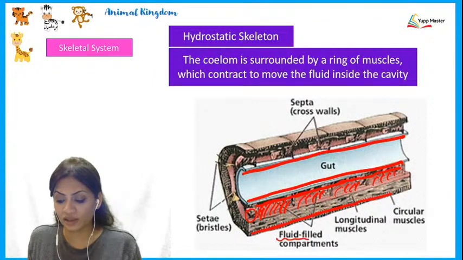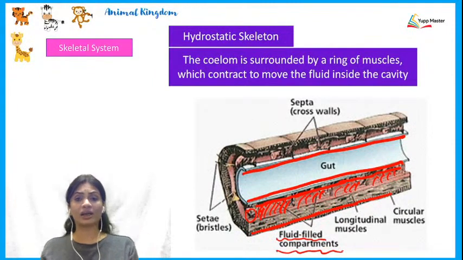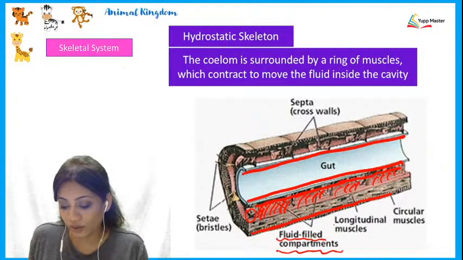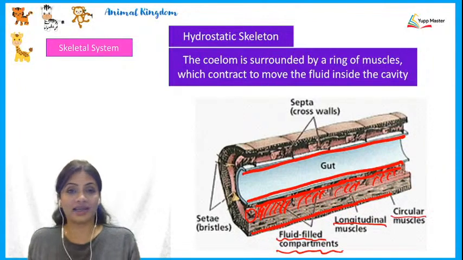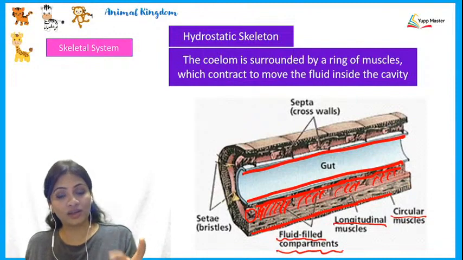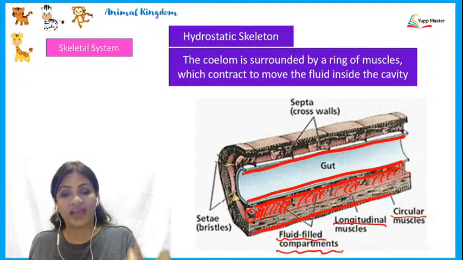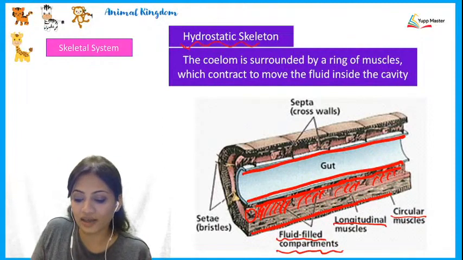That's why it's written here that there are fluid filled compartments, and these are surrounded by muscles. Can you see how there are longitudinal muscles and circular muscles as well? These longitudinal and circular muscles together around that fluid behave as the hydrostatic skeleton.